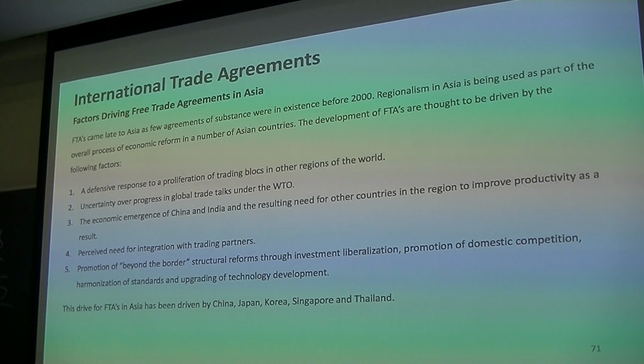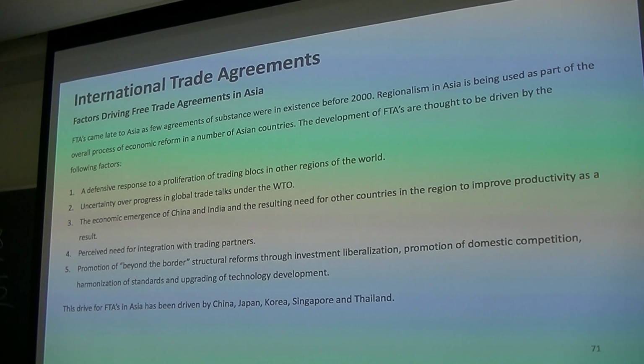But the thing that's caused this to change in Asia is that the Asian countries, led by Japan and China as the most important, are looking at the rest of the world and seeing these free trade agreements developing. The WTO is not going anywhere.